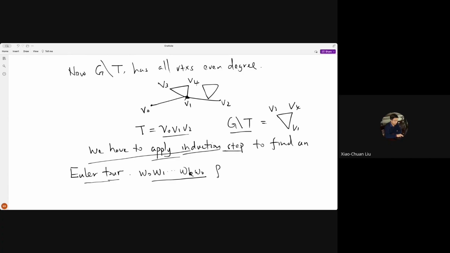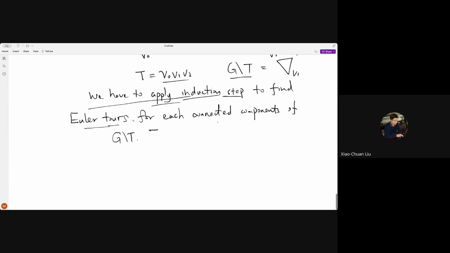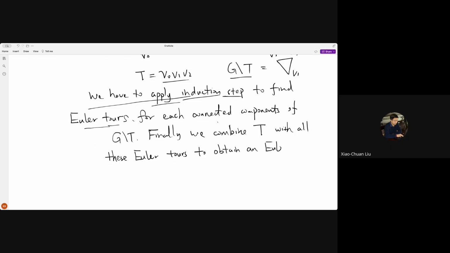So let's say we find the Euler tours for each connected component of G minus T. Finally, we combine T with all these Euler tours to obtain an Euler trial.